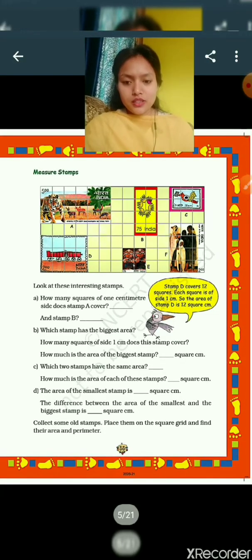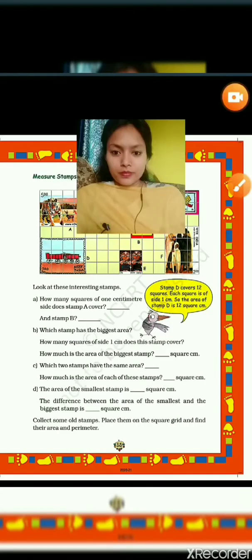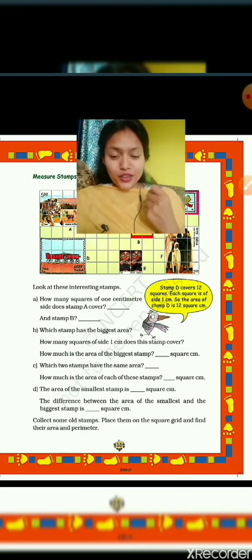This was all about the stamps. So now let us quickly revise what we have studied today. We started our chapter, chapter number 3, how many squares.